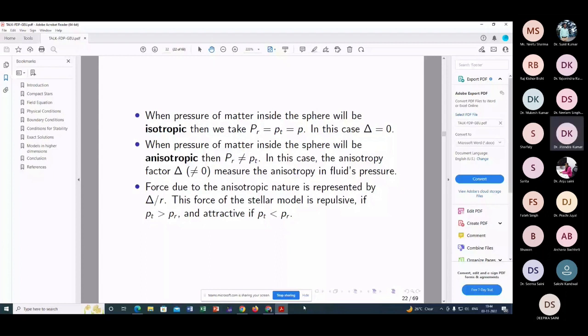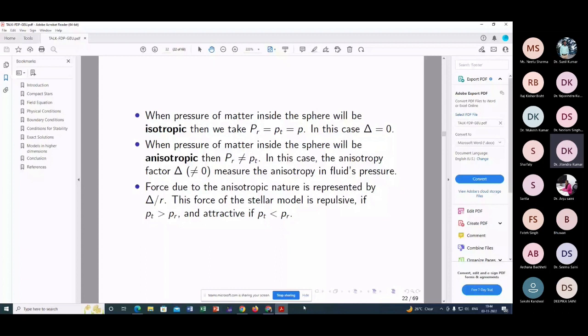According to negative and positive anisotropy, we can categorize the forces as repulsive or attractive. The force due to the anisotropic nature is represented by 2 delta by r, and this force of the stellar model is repulsive if p_t minus p_r is greater than 0. It means if delta is positive, the force of the stellar model will be repulsive, and if p_t minus p_r is negative, then the force will be attractive.